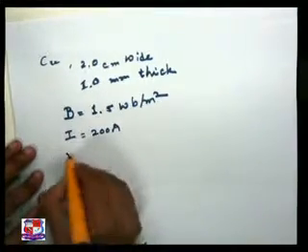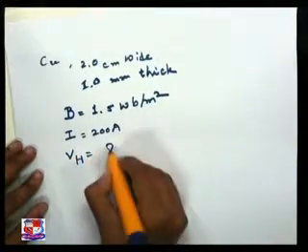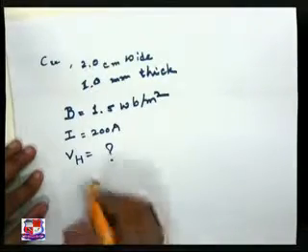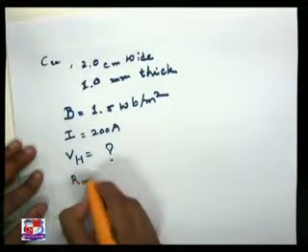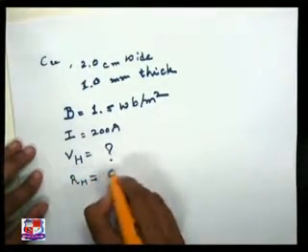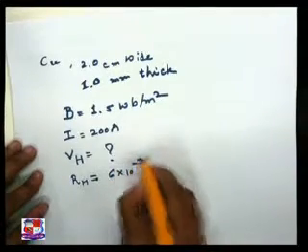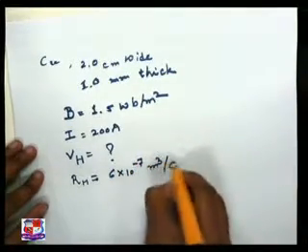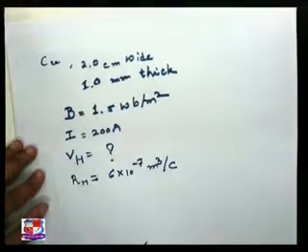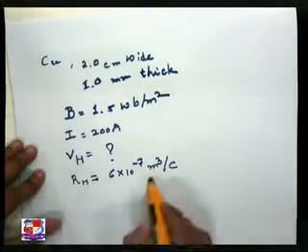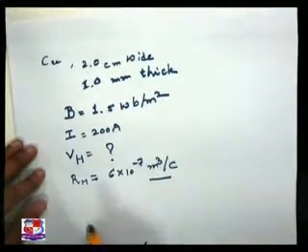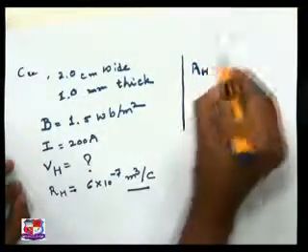Now we have to find out the VH, and we are also given RH. RH we have to assume that is 6 into 10 raised to minus 7 meter cube per coulomb, right? The unit of RH is meter cube per coulomb. Why? Because RH is equal to 1 over Ne.